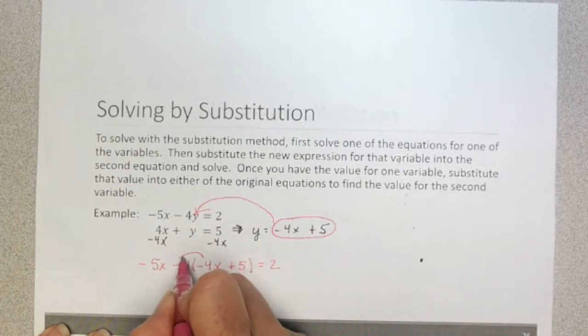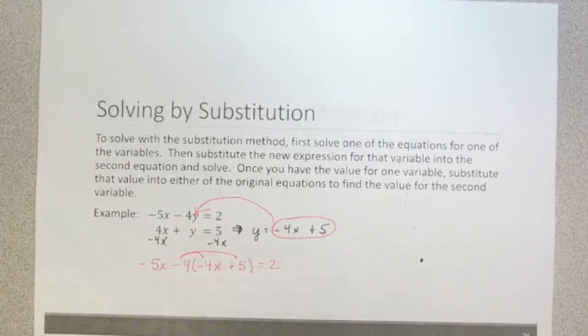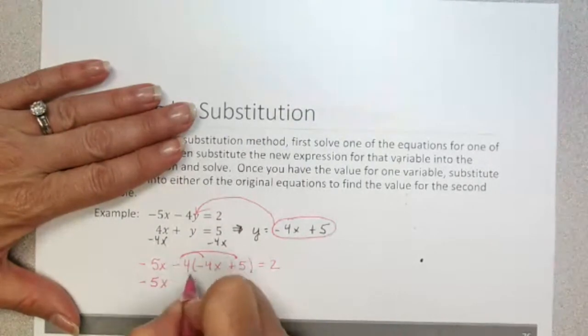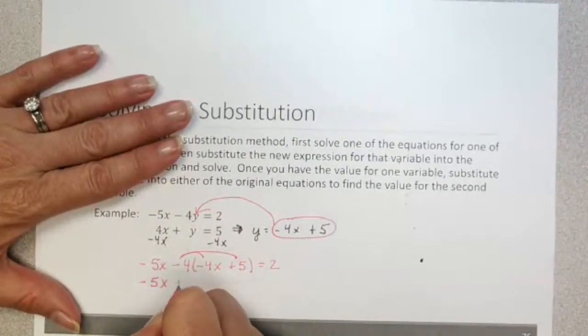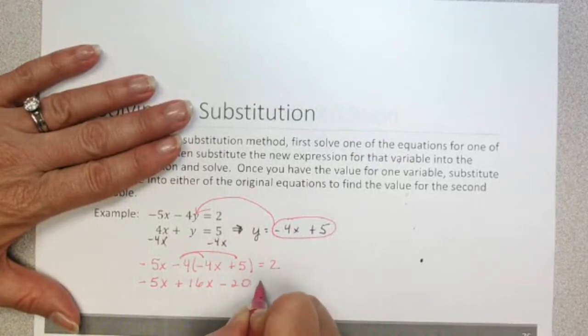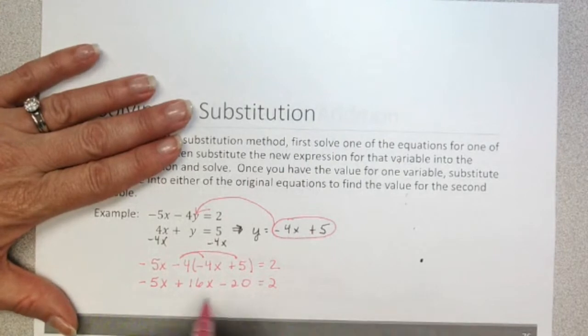So let's distribute that -4. We can drop those parentheses. Okay, so we'll have -5x. -4 times -4x is +16x, and then -4 times +5 is -20. That equals 2. Let's combine these like terms. -5x and 16x is 11x.